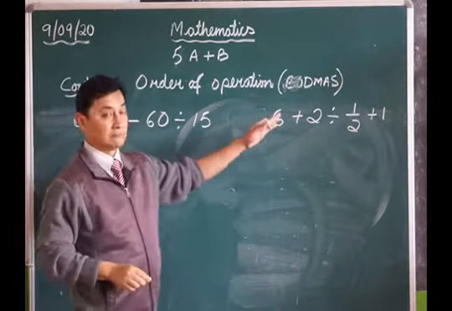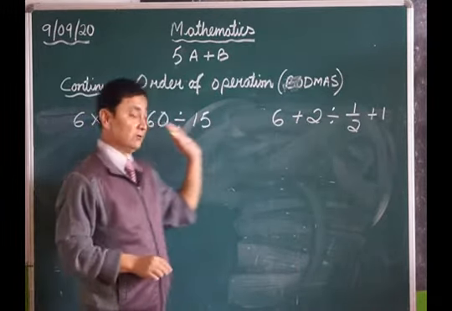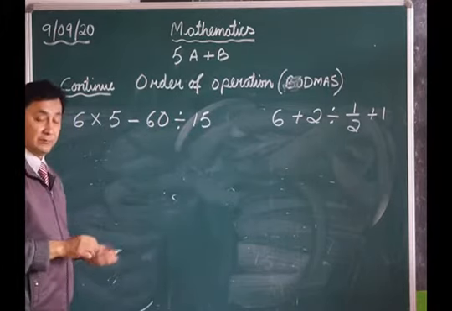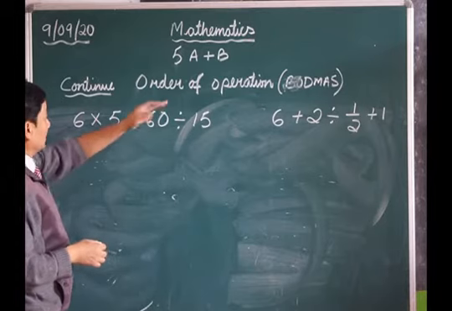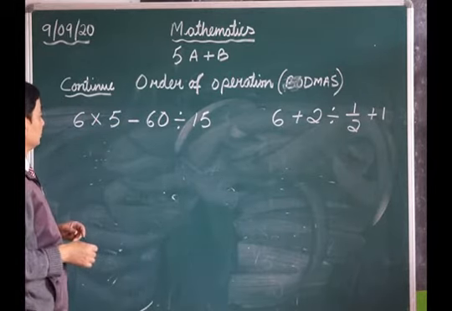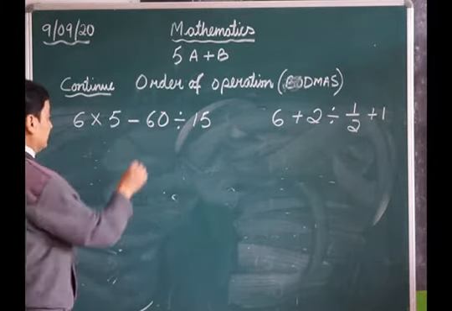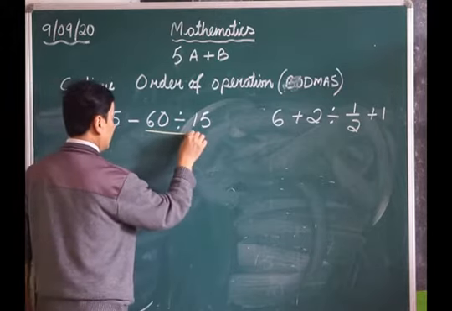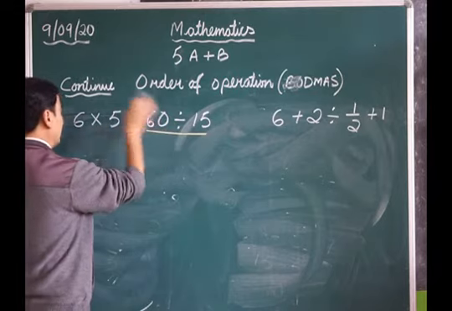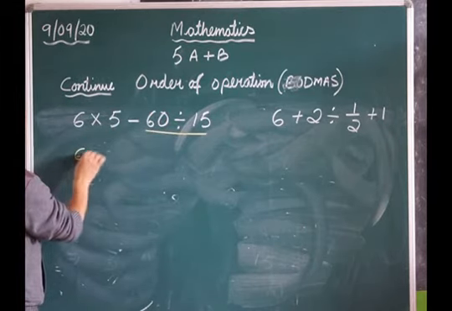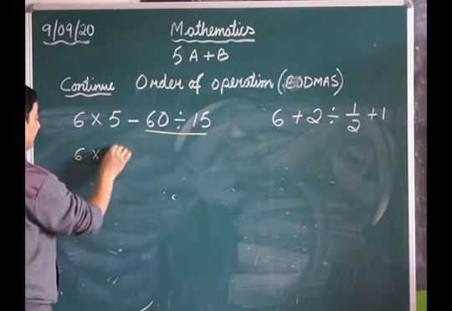Now this sum, do not look at it now, we'll look at this sum later, because it's like the previous one. So, what does BODMAS say? We must do multiplication or division? Division. So underline division. When you underline these sums, you will know that you have to do this sum first and copy the other. 6 into 5 minus.